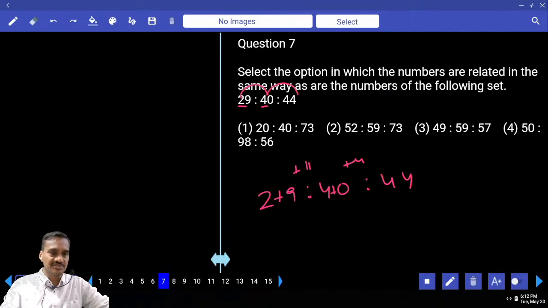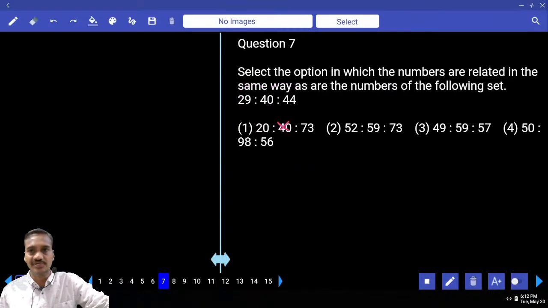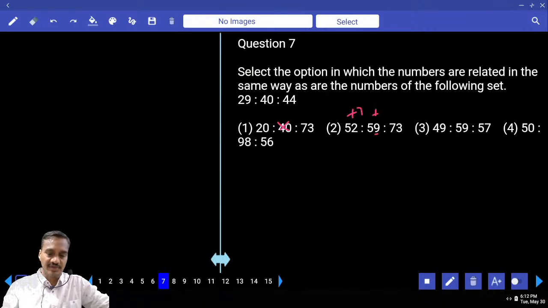Again, the sum of the digits is added to the next number. In the same way, 22, then 2 plus 2 is 4 and 5 plus 2 is 7, so 52 plus 7 is 59. 5 plus 9 is 14, and 59 plus 14 is 73. Choice 2.